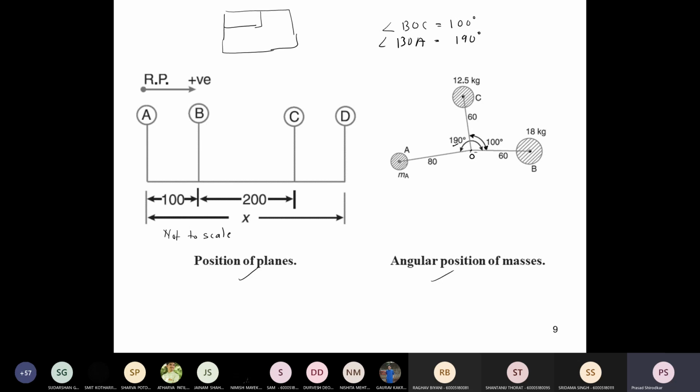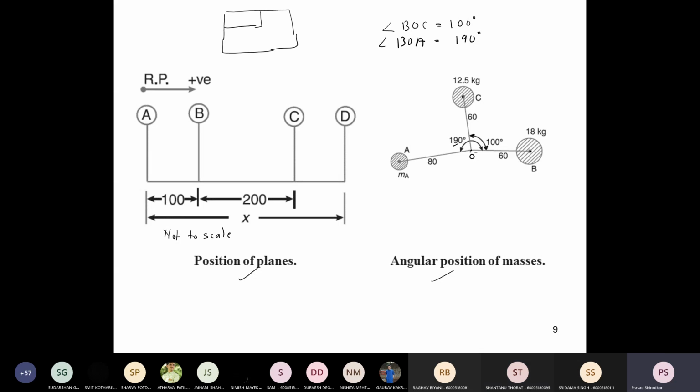It is not required to draw it to scale, but they should appear more or less equal. The radius of A and radius of D is 980 mm, so it should appear more than OB and OC. Don't draw OA shorter than OB and OC, that doesn't look good.